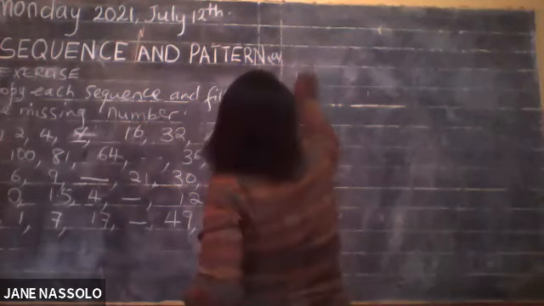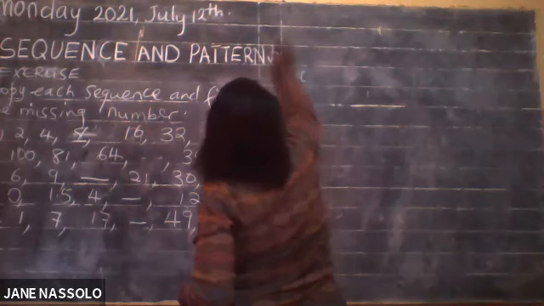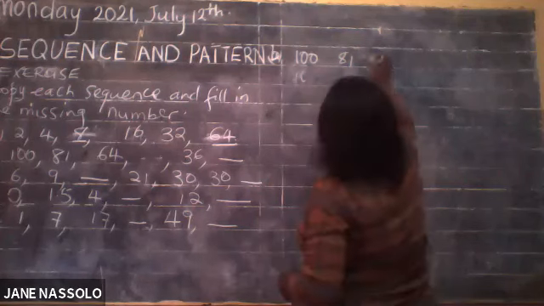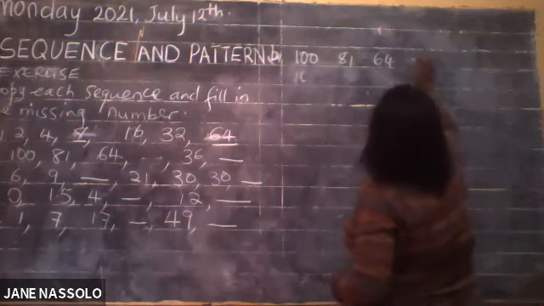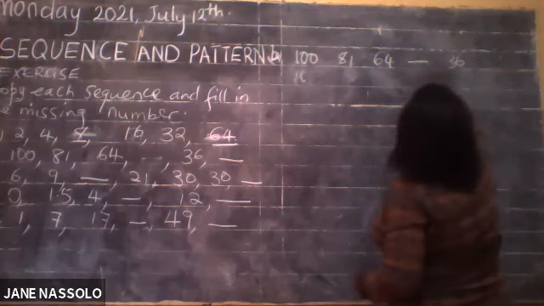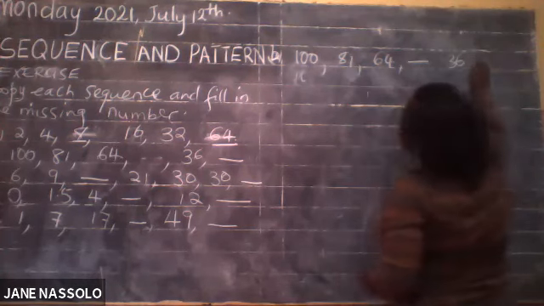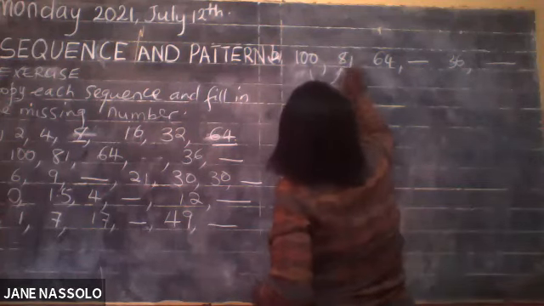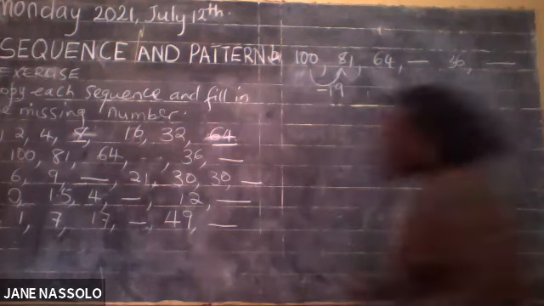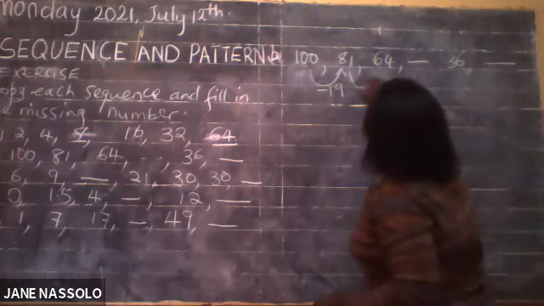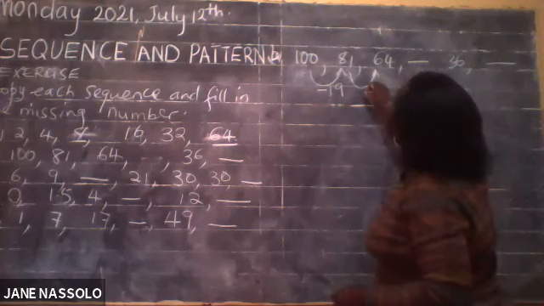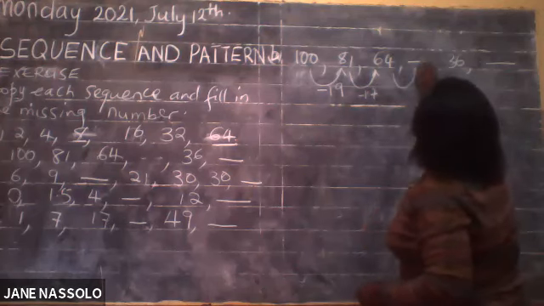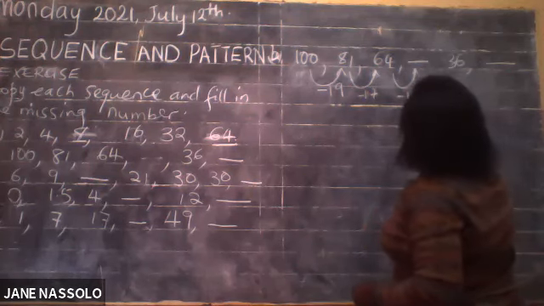So from 100. Annie, why are you now texting us? We have 64, there is a dash, we have 36, and then another dash. So the difference here is 19. Minus 19. And what is the difference here? Minus 17. Minus 15.